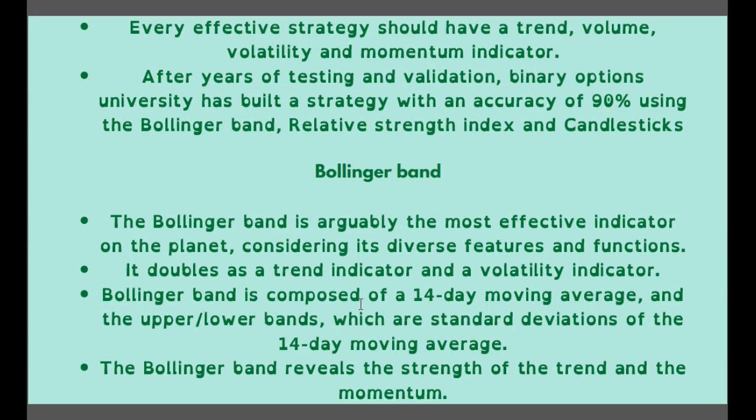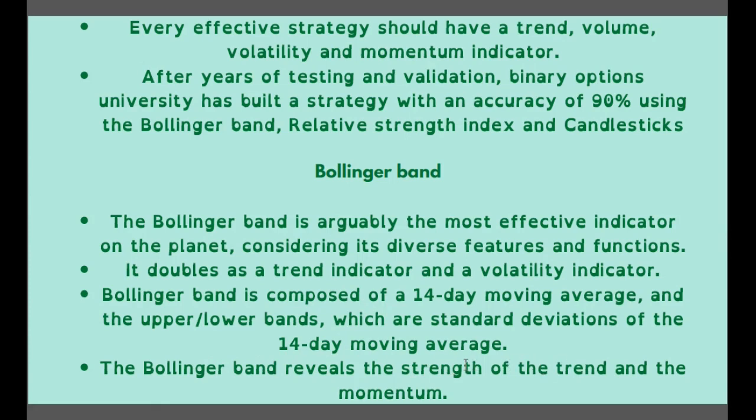Leave the settings at 14 days moving average. The upper Bollinger Band is a +2 deviation from the 14-day moving average, while the lower Bollinger Band is a -2 deviation from the middle 14-day moving average. So the upper and lower bands are standard deviations of the 14-day moving average.